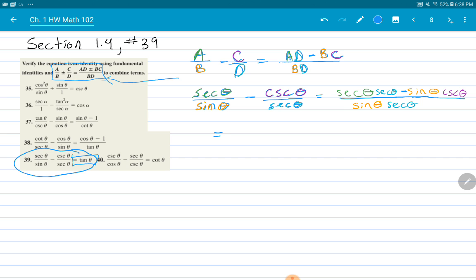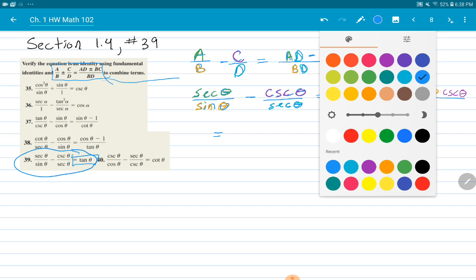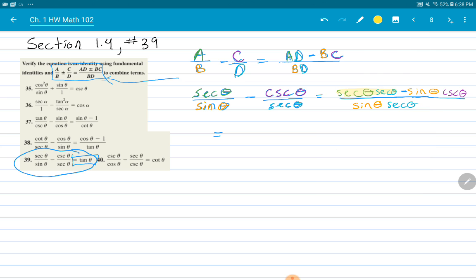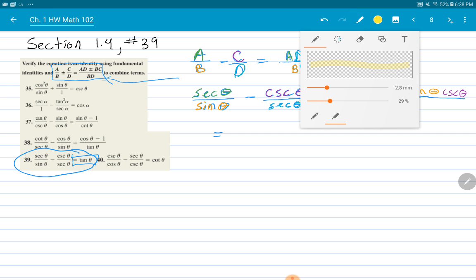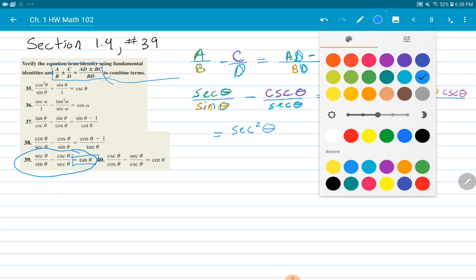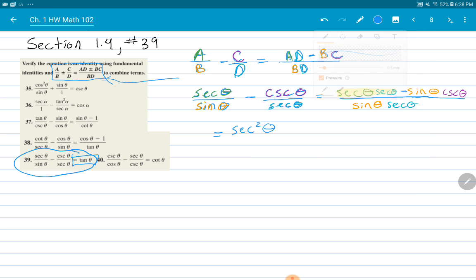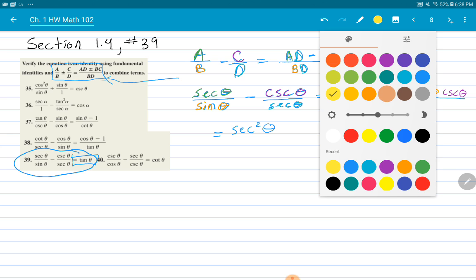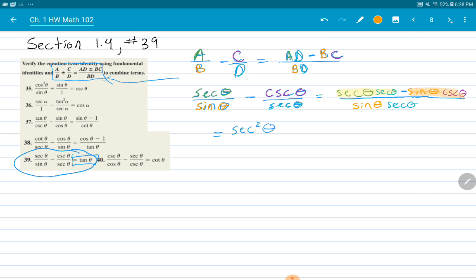So I'm going to do an equal sign here, and then let's do a highlighter. For these two pieces, that's secant squared. And then these two pieces will actually cancel each other and become one because they're multiplicative inverses.